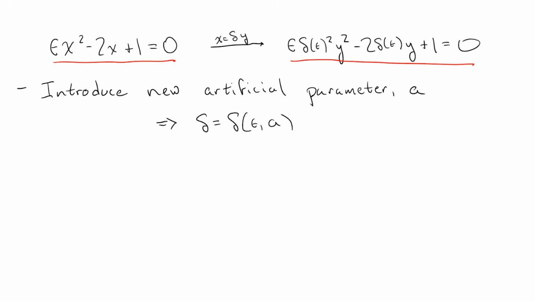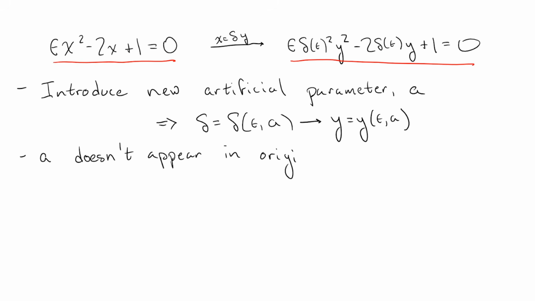Then presumably a will show up in our solution for y as well. However, since we put this parameter in by hand and it doesn't actually exist in our original problem, x needs to be completely independent of a, meaning that when we multiply y and delta to find x, the a dependence in y should exactly cancel the a dependence in delta.